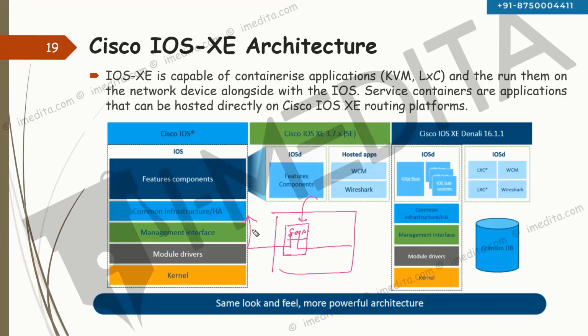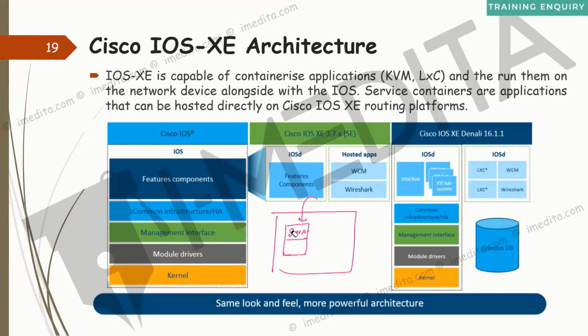The IOS XE architecture allows us to containerize different applications, such as Wireshark and security applications as well, right on the same box. We don't need to add a security appliance for the same.